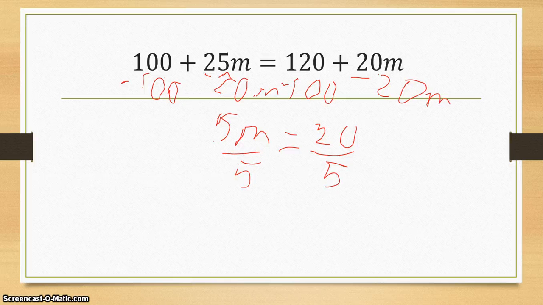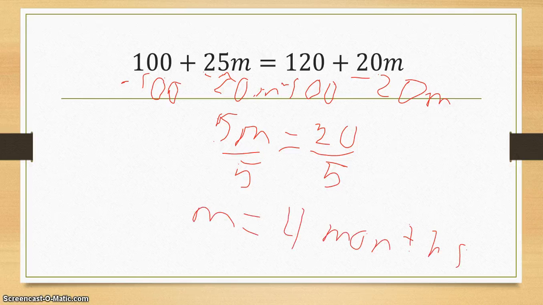And then we divide by 5 to cancel out the 5. So m = 20 divided by 5, which would equal 4. So the total would be m = 4, and that would be 4 months for how long until the gyms cost the same.